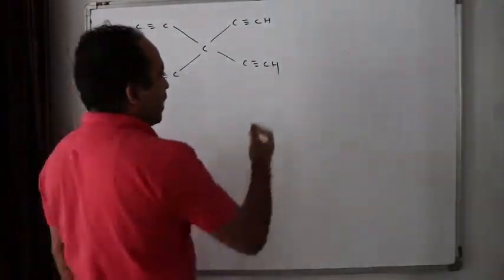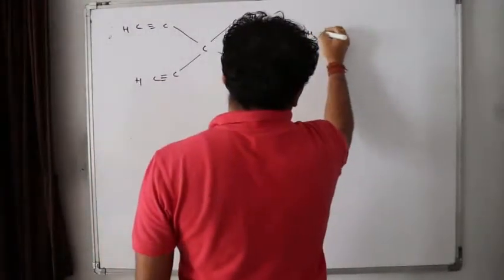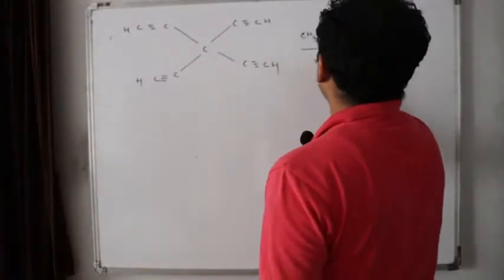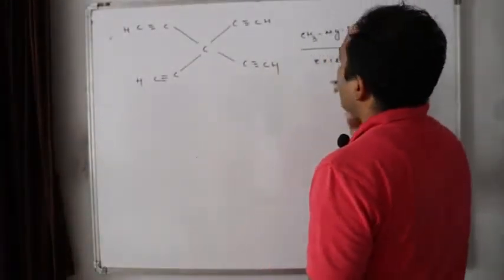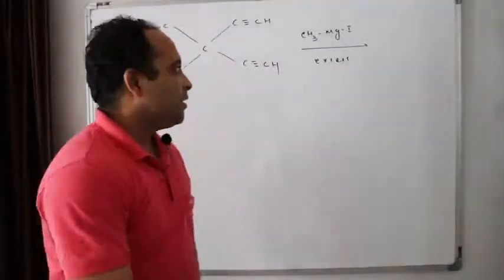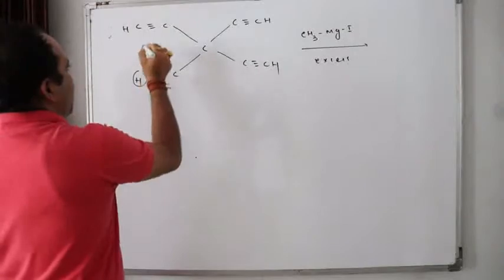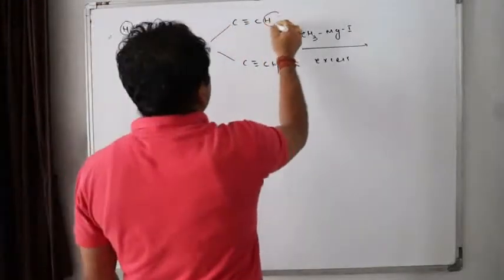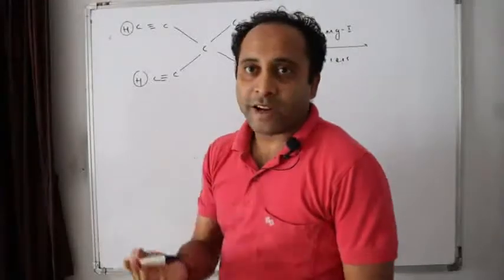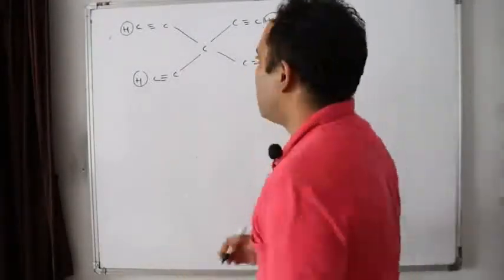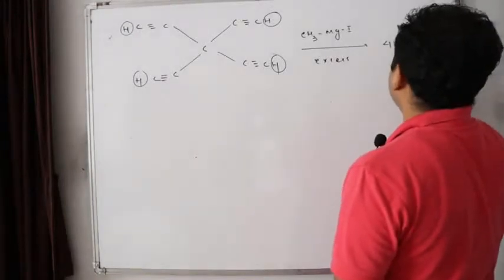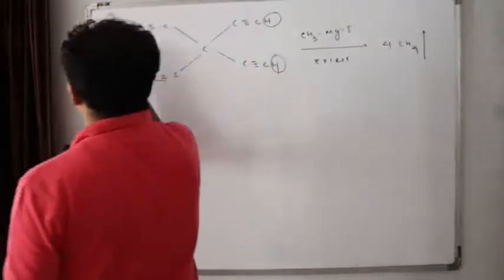To this, if I add CH3MgI, that too in excess. Tell me how many moles of methane will be formed? Very simple. One active hydrogen, second active hydrogen, third active hydrogen, fourth active hydrogen. I have told you in previous videos how to know the active hydrogens. I have told you details. So here 4 methanes will be formed, isn't it? Yes or no?